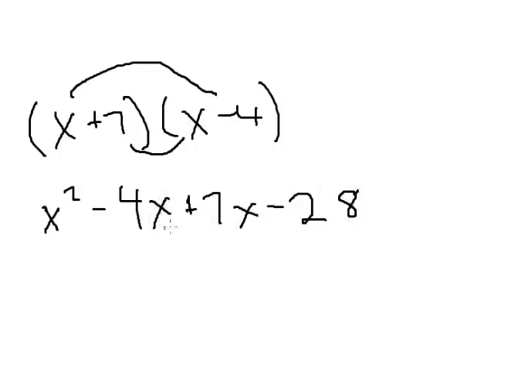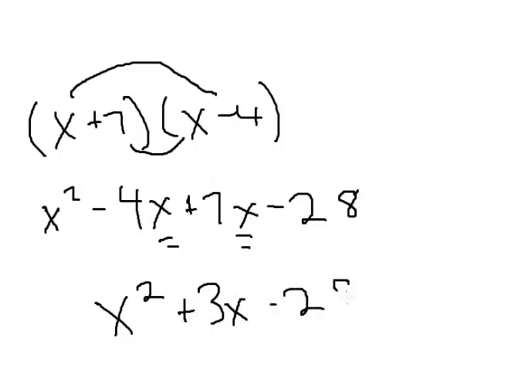Now you can combine terms that have the same variable. X squared you can't do anything with. Minus 4x plus 7x, well, that's positive 3x, because it's 7 minus 4, and minus 28, and this is your answer. Now, factoring is the exact opposite. Factoring is when you have this number to start, and you have to turn it into two binomials.